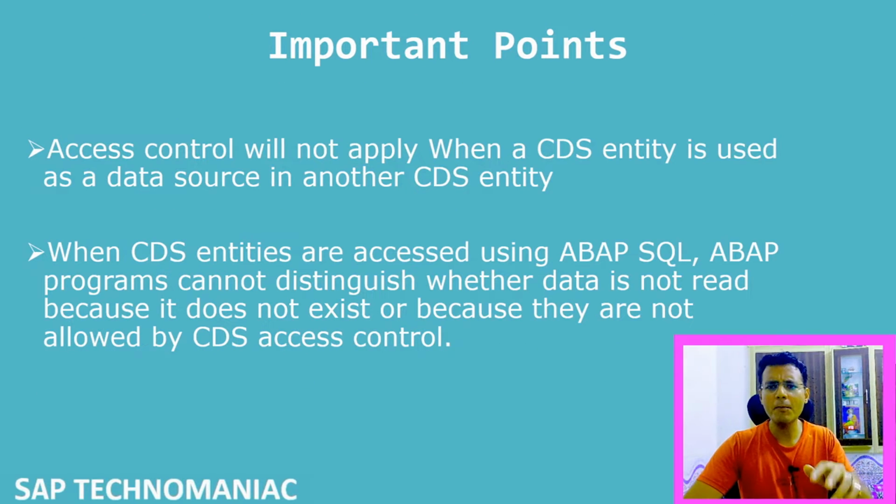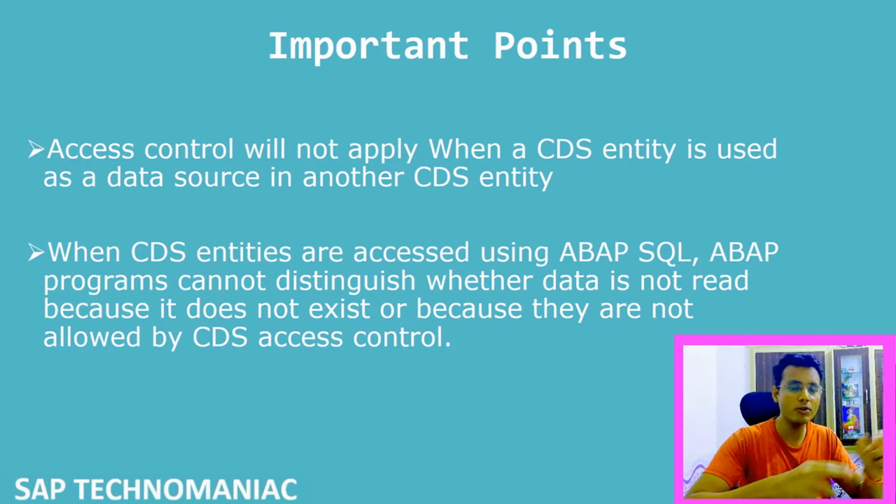Some more important points: access control will not apply when a CDS entity is used as a data source in another CDS entity, which I already explained. And one more important thing: when CDS entities are accessed using ABAP SQL, the ABAP program cannot distinguish. This is very important. Whenever you get data from a select statement, suppose you don't have access to that data through the CDS entity, and you have a DCL for that CDS entity, then you will not get data.